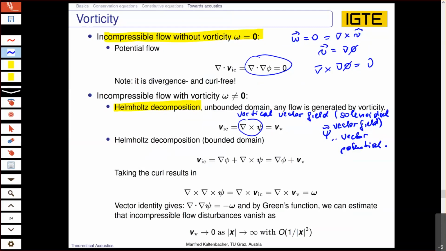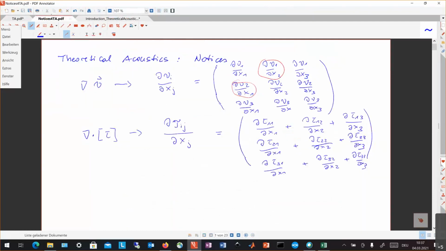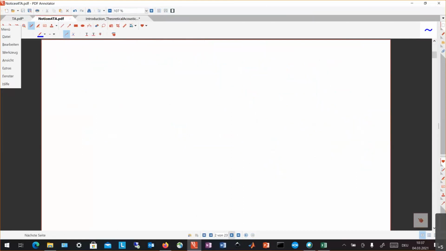And perhaps to make it a little bit more understandable, since perhaps you had not so much field theory concerning Helmholtz, let's go here. And I write it again down. So we have the Helmholtz decomposition of vector fields.